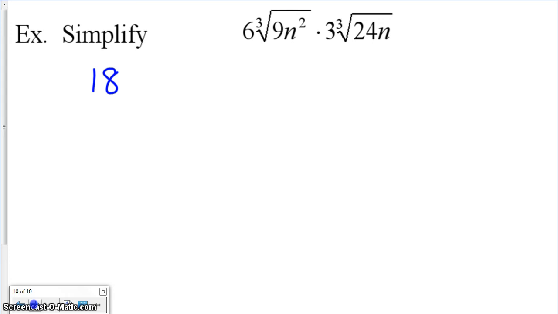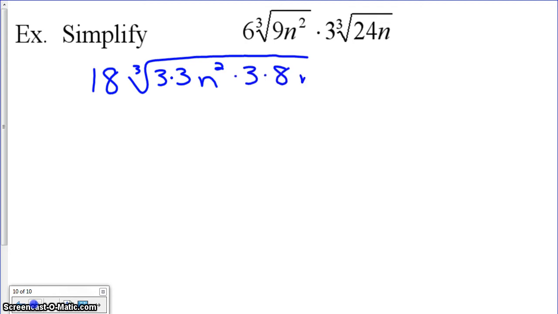Instead of doing that, I'm just going to rewrite this. 9 is 3 times 3. I'm going to keep my n squared. 24 is 3 times 8, and then an n. I have 3 3's. 3 times 3 times 3, I know, is 27.